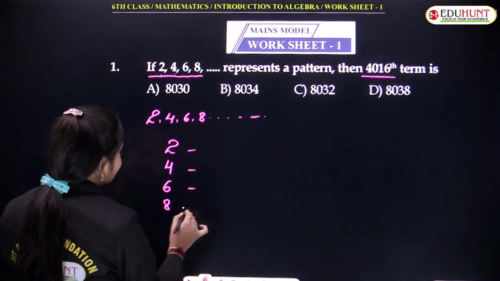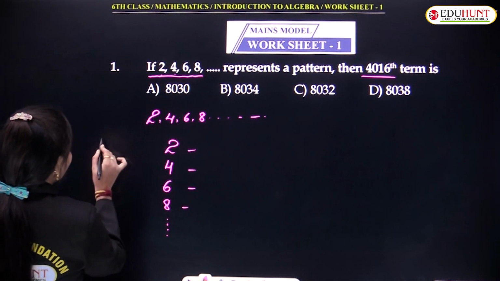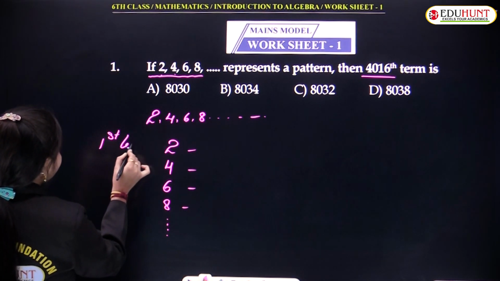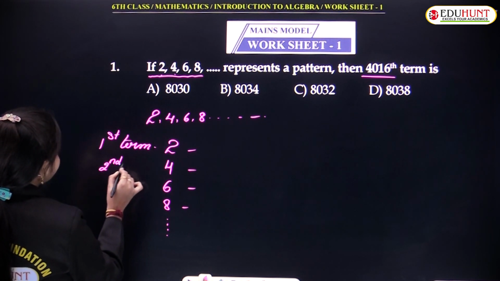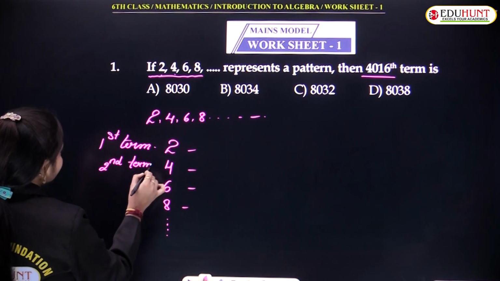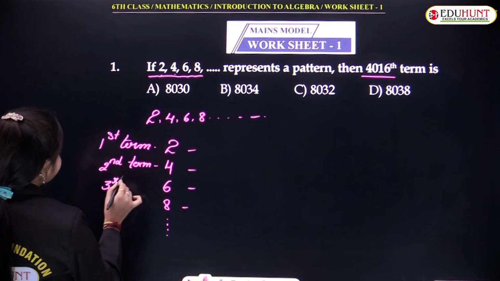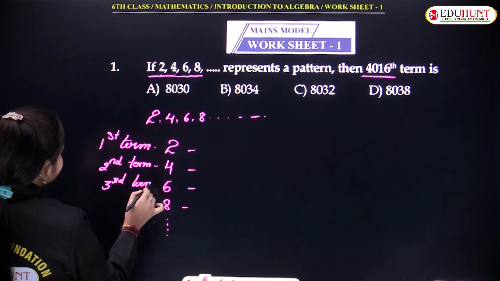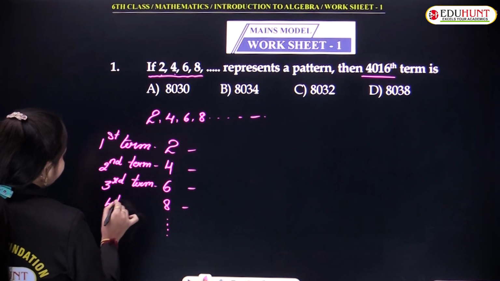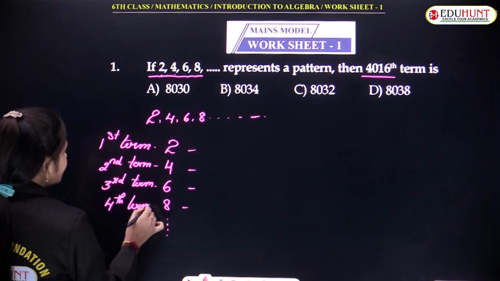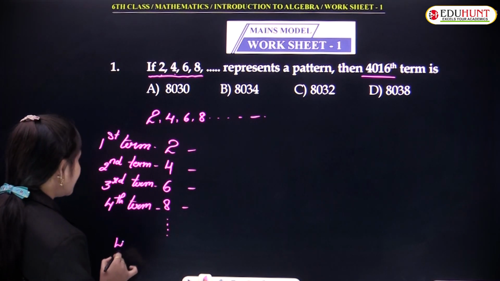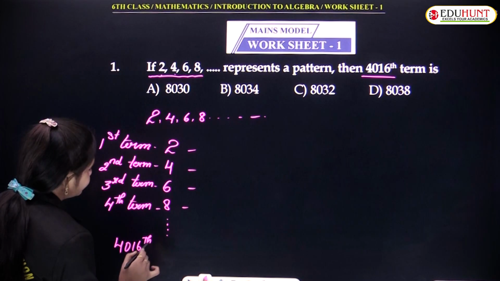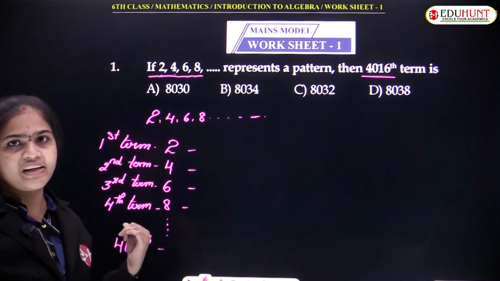Fourth term is 8, and so on. Here 4 terms are directly given, and so on. We need to find the 4016th term.